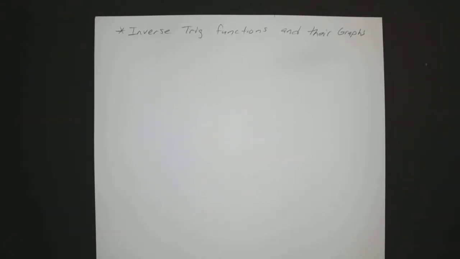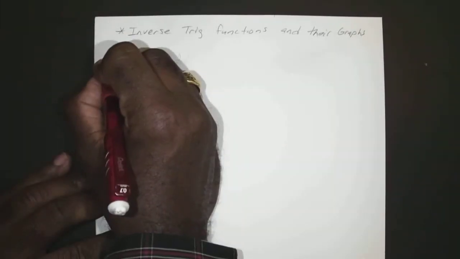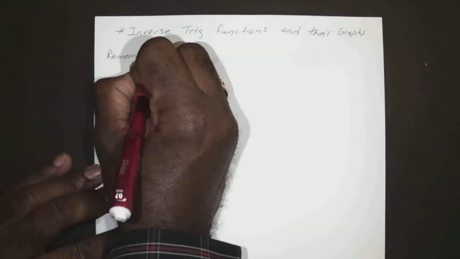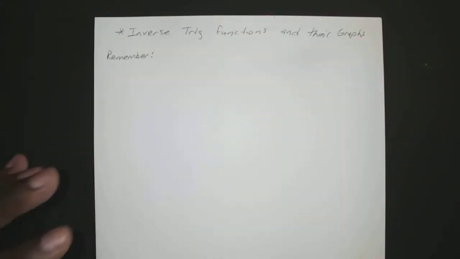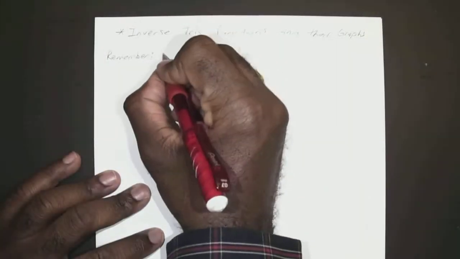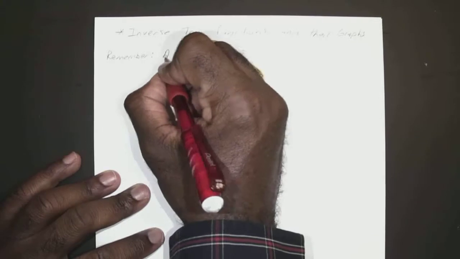Okay, so quick review on inverse functions. An inverse function only exists if a function is one-to-one, which means it passes the horizontal line test. And we'll do a quick review of that.